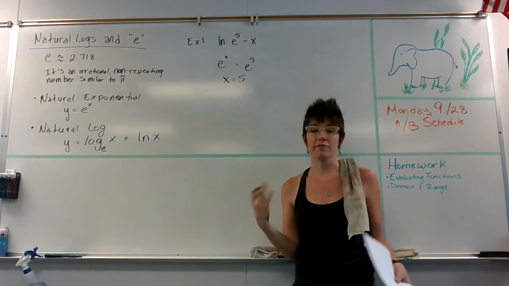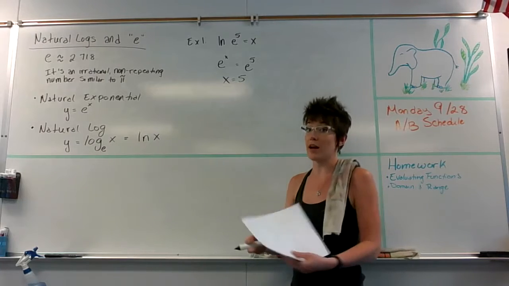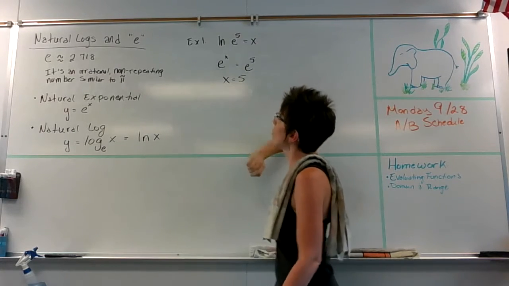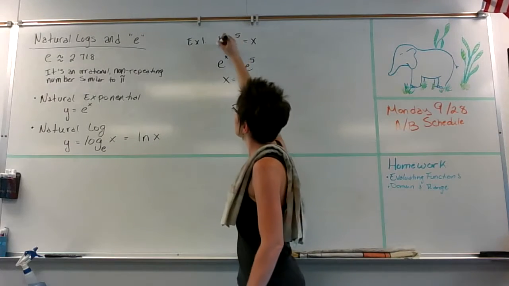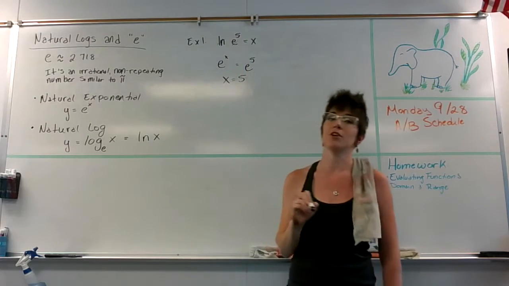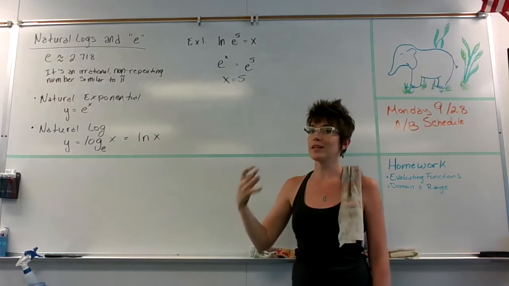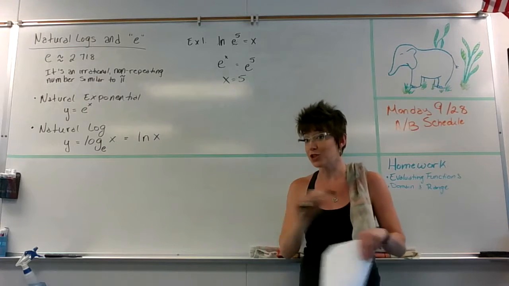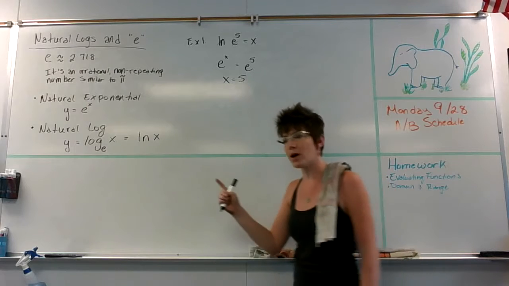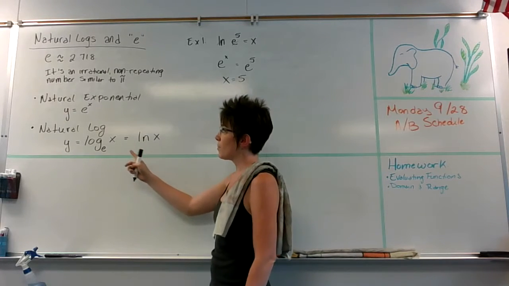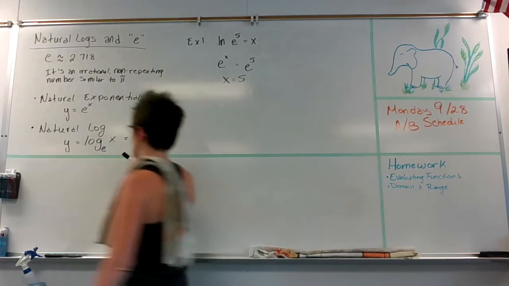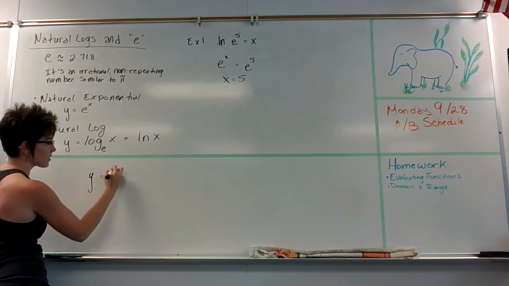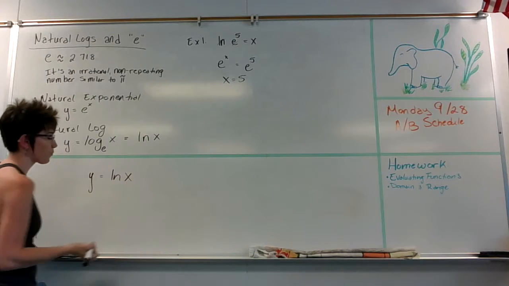If you're trying to find shortcuts, you might notice that taking the natural log of e to the fifth power, the natural log and e kind of cancel each other out, and you're left with the exponent 5. And that's not an accident. Take a walk back over here with me. If I look at y equals natural log of x, I'm just going to write this down here: y equals natural log of x.